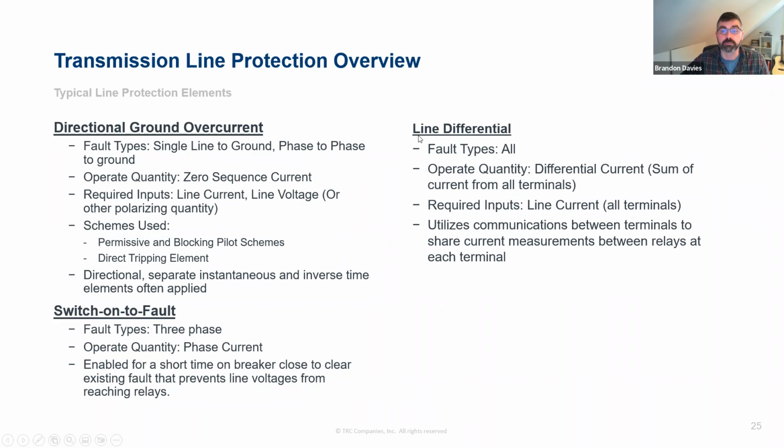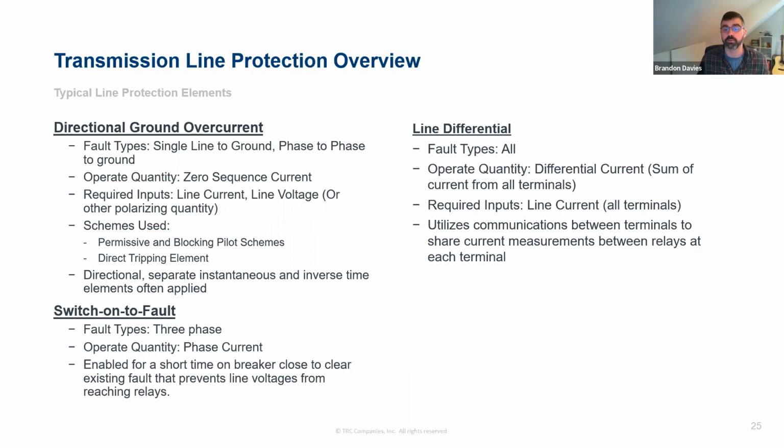And then lastly, we've got line differential protection. This is becoming more and more commonly applied throughout the transmission system. It's a scheme that uses a communications channel between the line terminals of a transmission line to allow the relay at one end to send measured current magnitudes and angles from its terminal to the other terminal to basically apply Kirchhoff's current law for the transmission line.